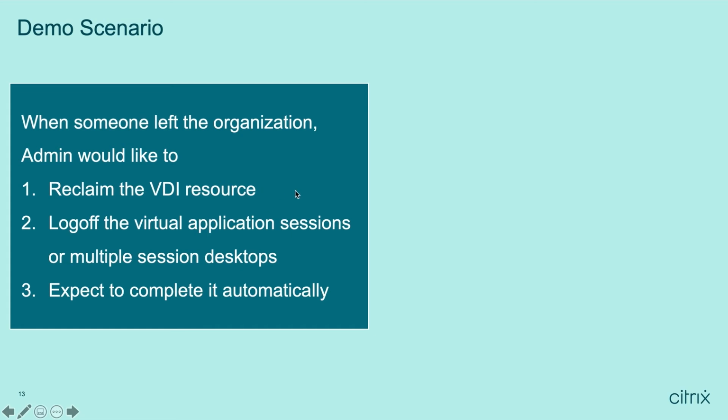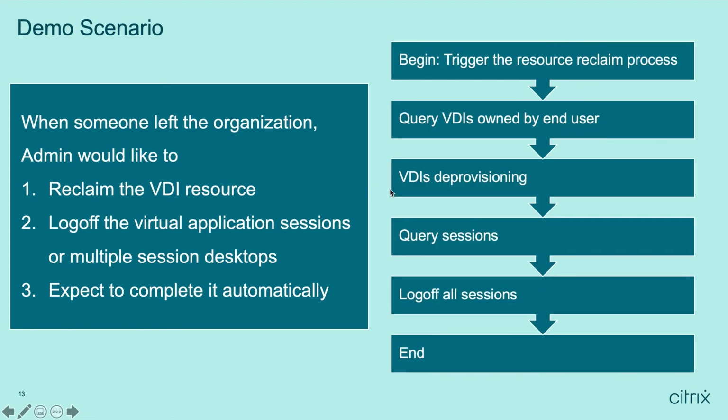So based on this requirement, we can create a workflow. From somewhere, you can trigger the resource claim process. Then we can query the VDI information owned by this end user, and then perform the VDI deprovisioning. After that, we can query all his sessions and log off all his sessions.